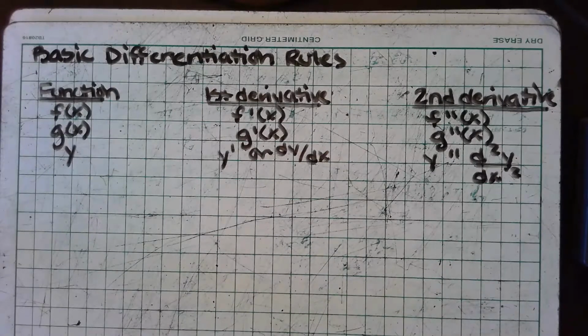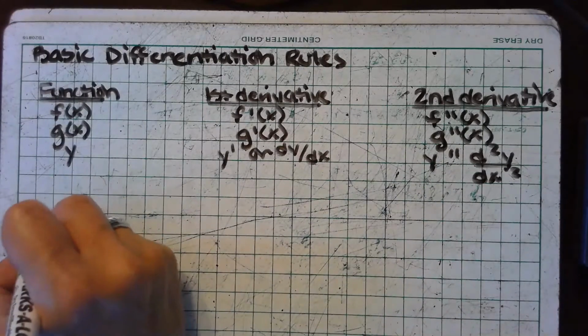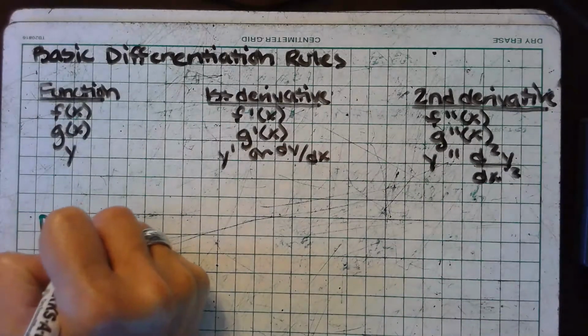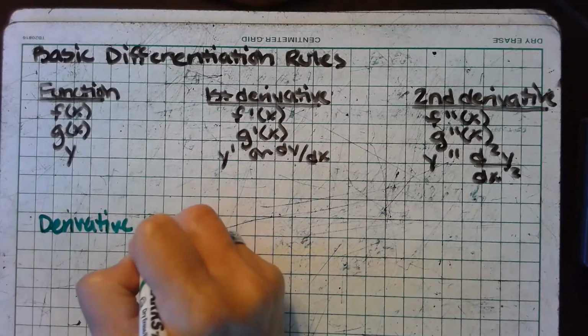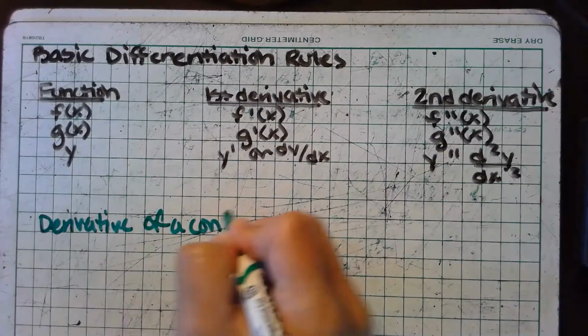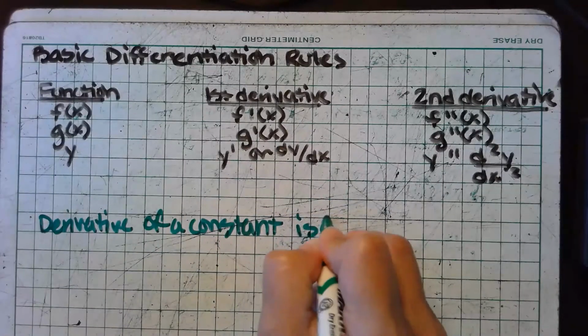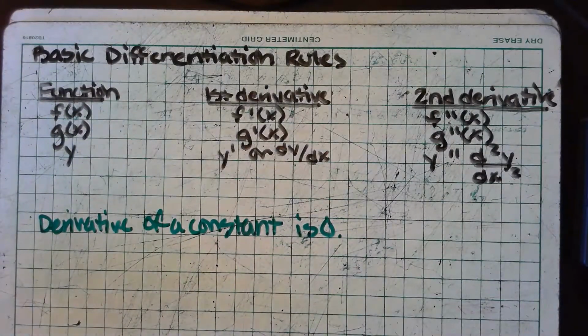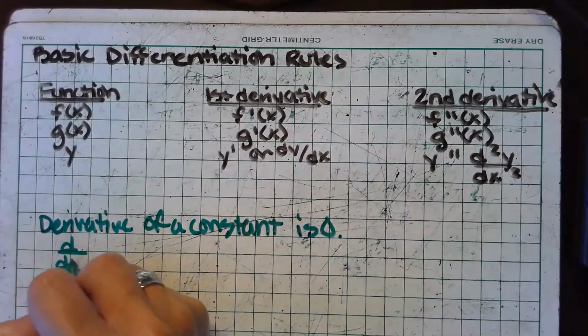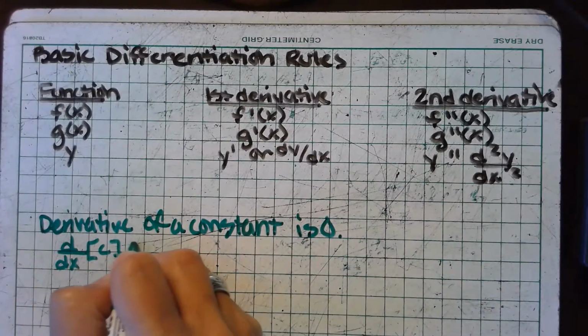Now, as far as the basic rules, make sure you pay attention to these rules. So the derivative of a constant is 0. Okay, so we say d of dx of c equals 0.